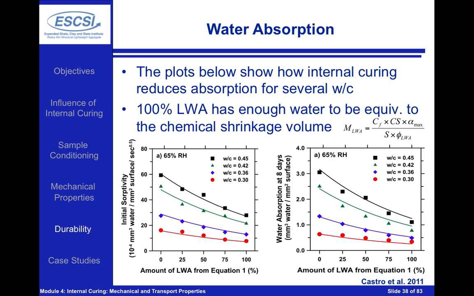This can be directly attributed to the fact that we've hydrated more of the system, so we've reduced the porosity, and we've cut down on the interfacial transition zones inside of those systems. And for a 0.3, a 0.36, a 0.42, and a 0.45 system, the internally cured concrete has a slower rate of absorption and less overall absorption than we see in the typical system.